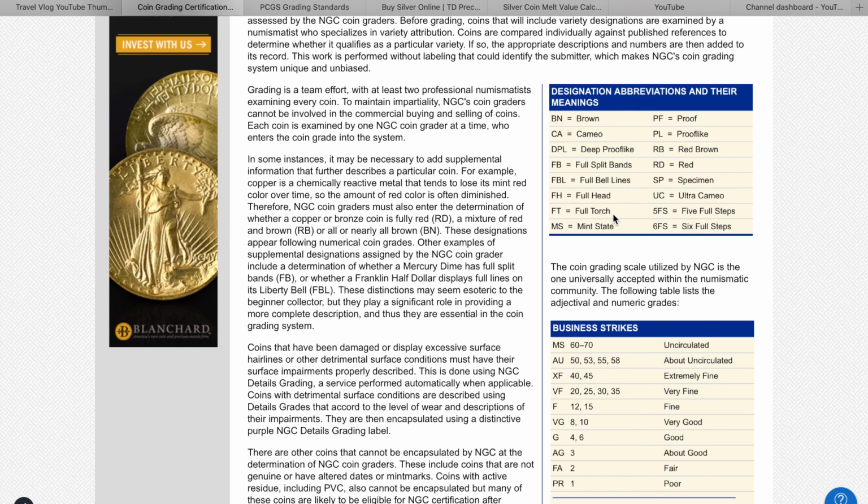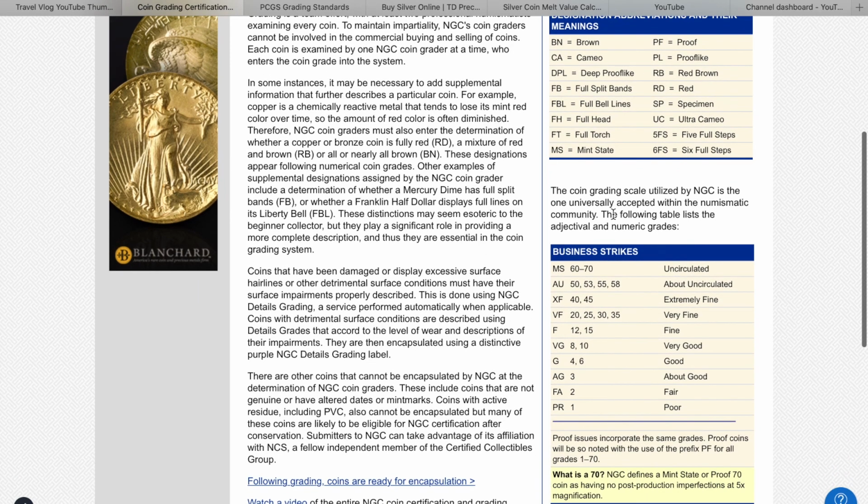And then they go down here through the numeric side, where they give the 60 to 70, and then the 50s in there. The MS, like it already said there, is mint state. And then they go down here. I've seen plenty of AUs, and I wasn't quite sure what it was, but that is about uncirculated, and that goes from 50 to 69.